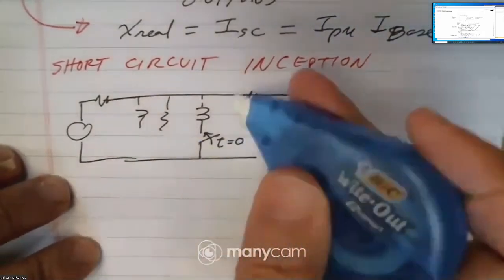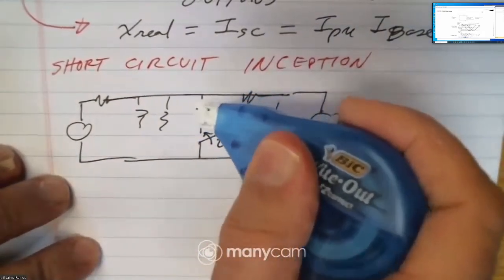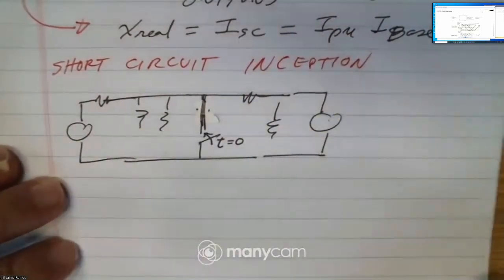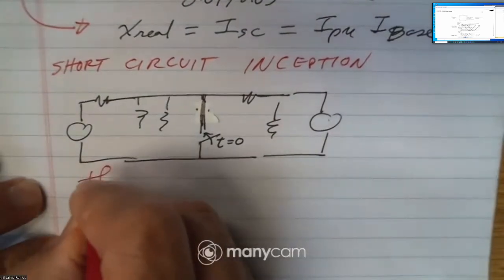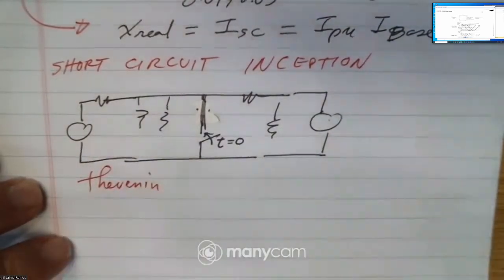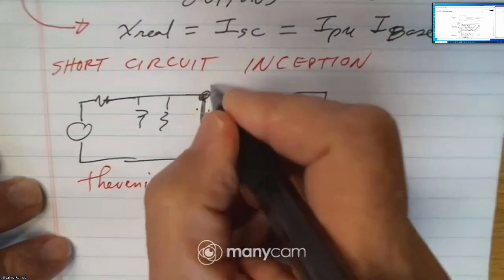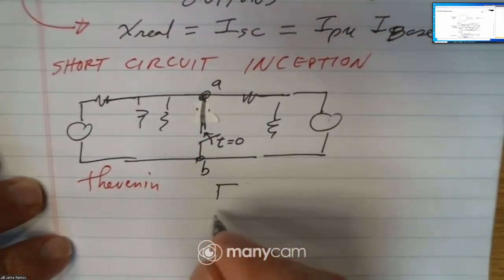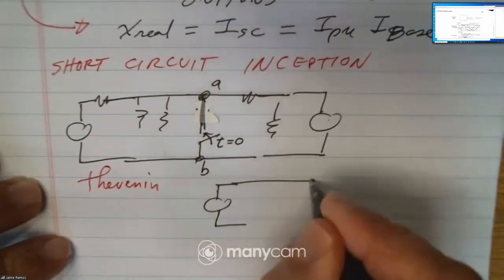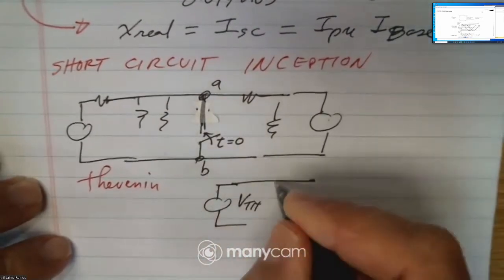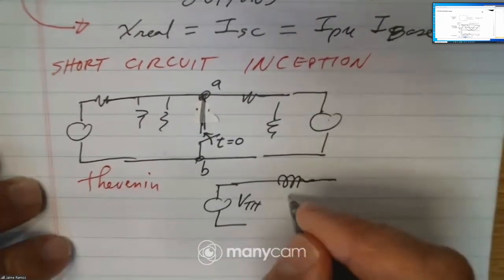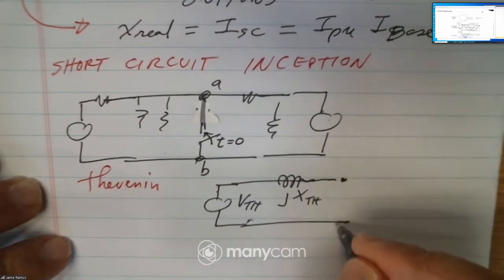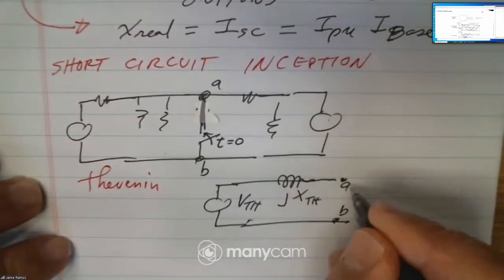Let me erase this. Therefore we do the Thevenin at these terminals, A, B. We put the Thevenin voltage, the jX Thevenin, and here is AB.